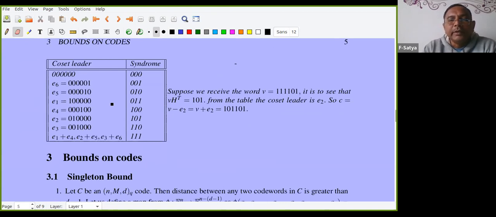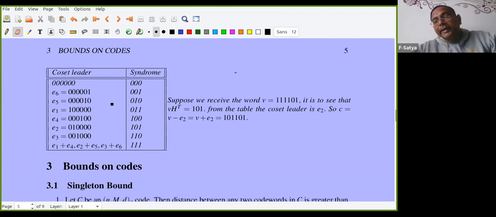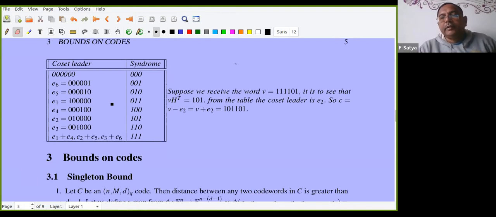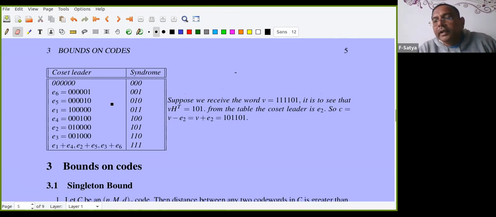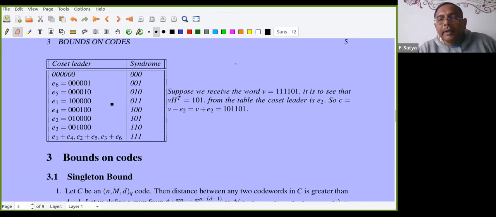Now, instead of constructing that big standard array from yesterday, I am constructing the syndrome table. Now we can correct things. For example, I received this, maybe it is not a code word. Then I will compute the syndrome 101. So 101 is here.